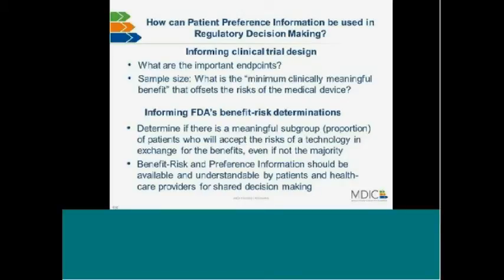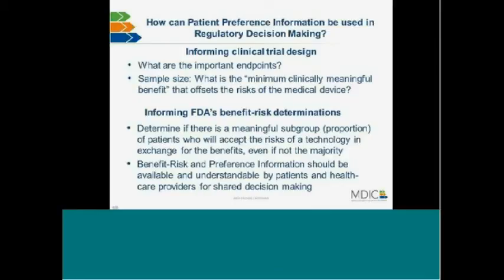And as was mentioned before, and I think it's very important, that subgroup of patients for which the benefits outweigh the risks might be defined by nothing more than preferences, might not be defined by the severity of the disease, might not be defined by whether they're female or male, might be defined by the preferences.